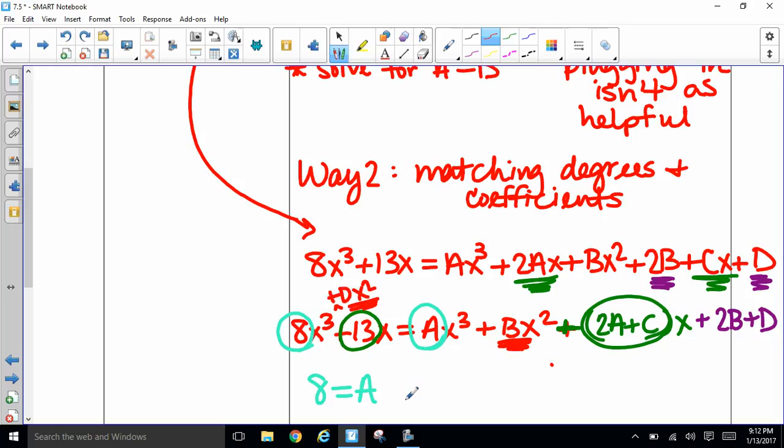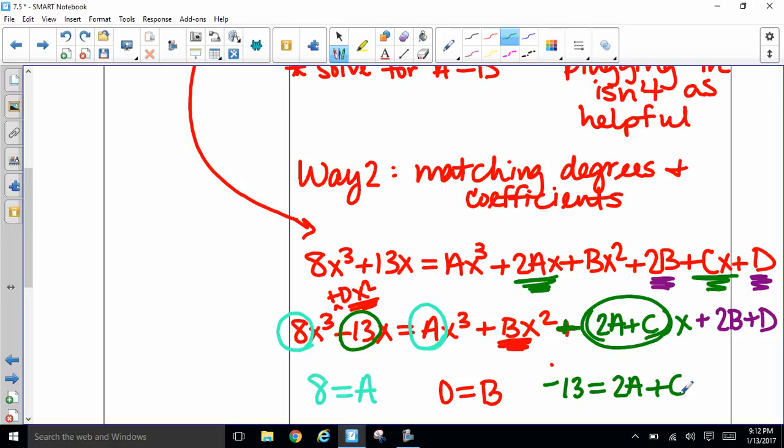So if I try to match that up, that means that 0 is equal to b. Okay, then if I try to match up for my x's, I'm going to set negative 13 equal to 2a plus c. And I'm going to have to solve that.